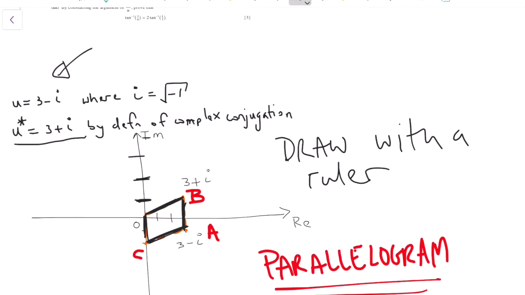So 1, 2, 3, 1, 2, 3. When you do it in the exam room, your diagram is very clean, first of all, and second, you can see the trends immediately. You can see, without even checking, that the length of OC is 2 and the length of AB is 2, so you immediately know that it's a parallelogram.